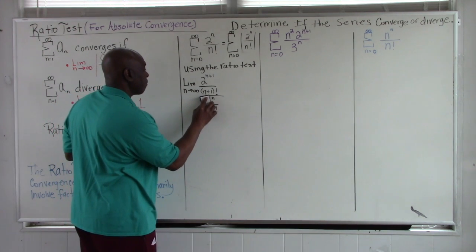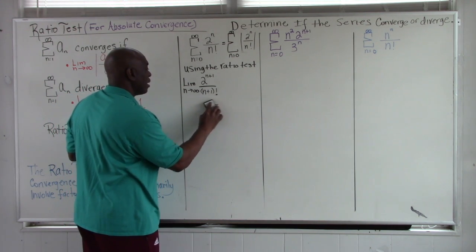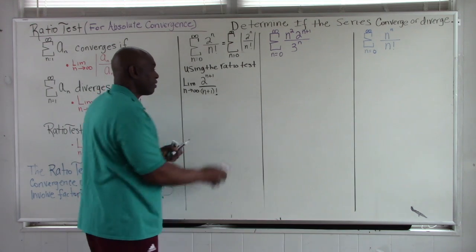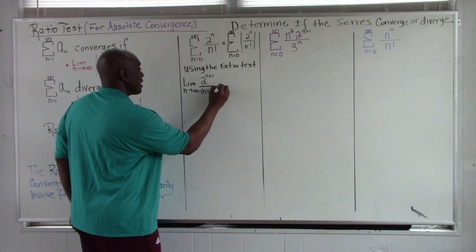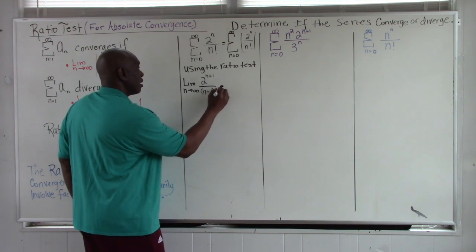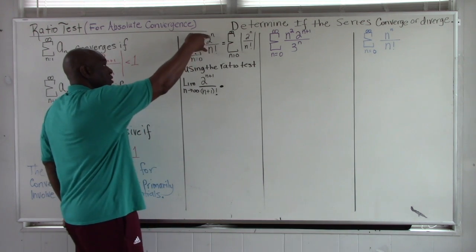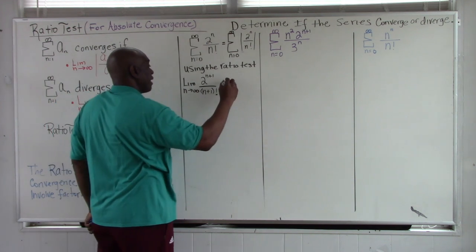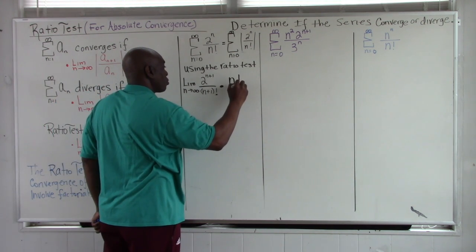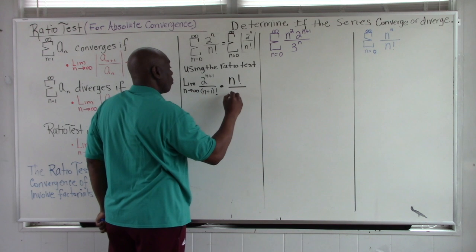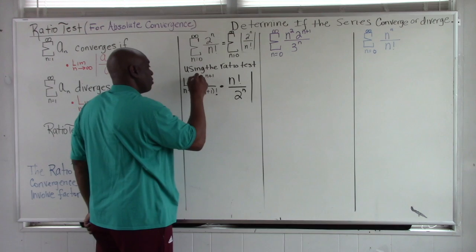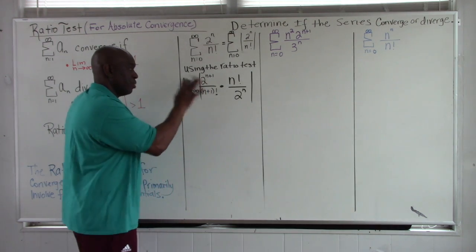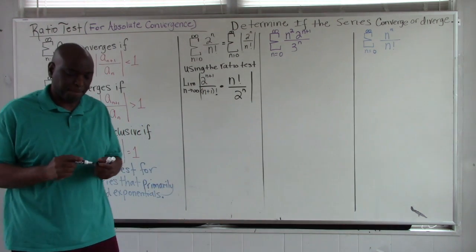Go ahead and write the reciprocal of the sequence, so multiply times the reciprocal, n factorial over 2 to the n, and I want the absolute value of this using the ratio test.